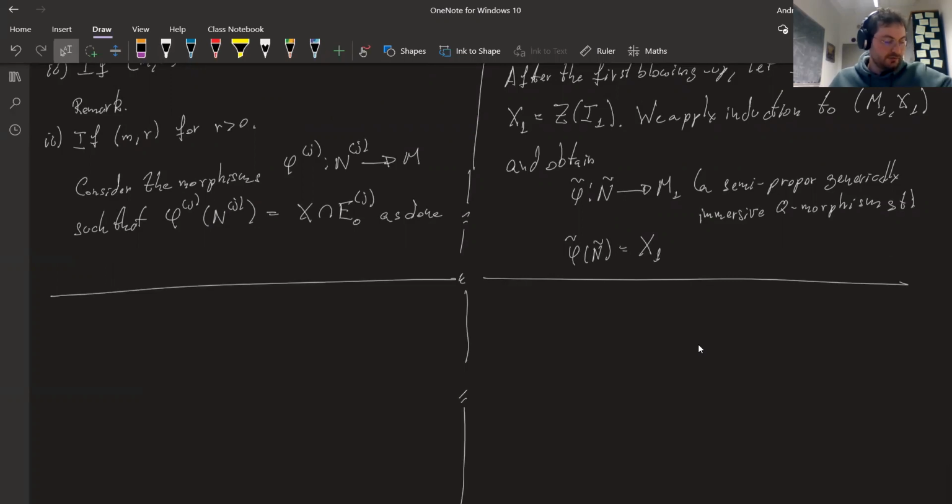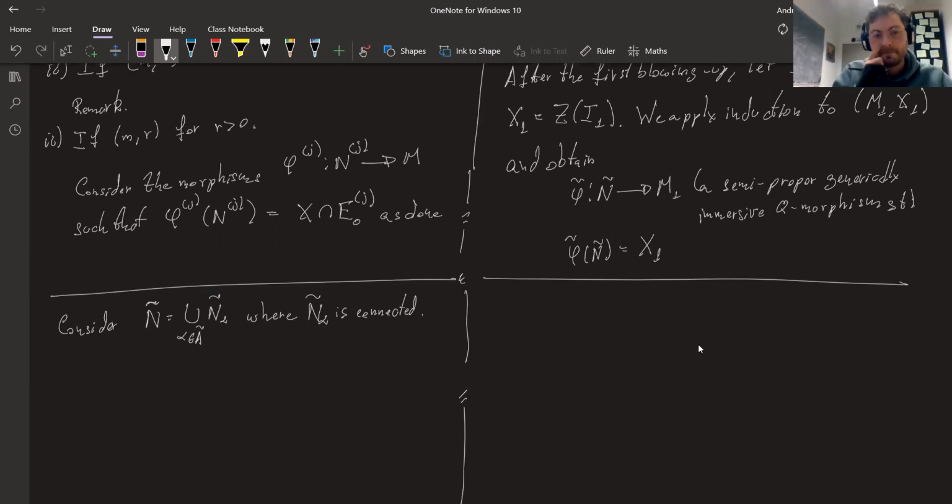And now there's another remark that we may use here. We consider N tilde equal to the union, this is always possible, of N tilde alpha, where alpha belongs to some index set and each N tilde alpha is connected. Now, by lemma 2, we're going to have two options.